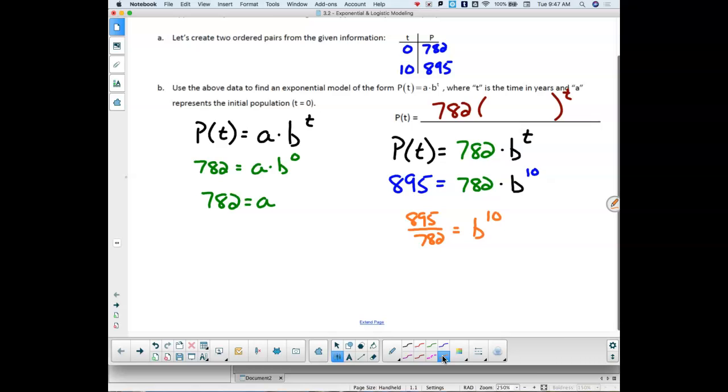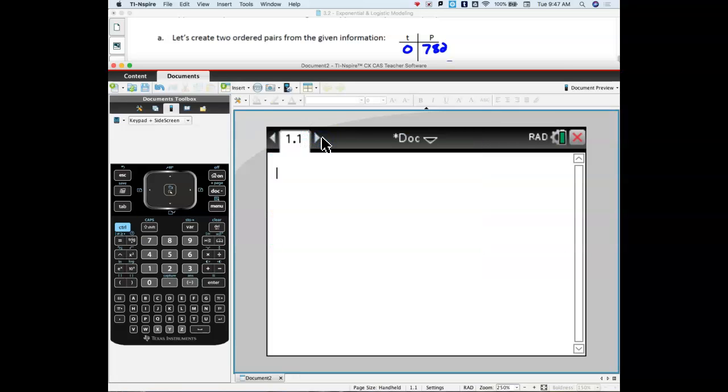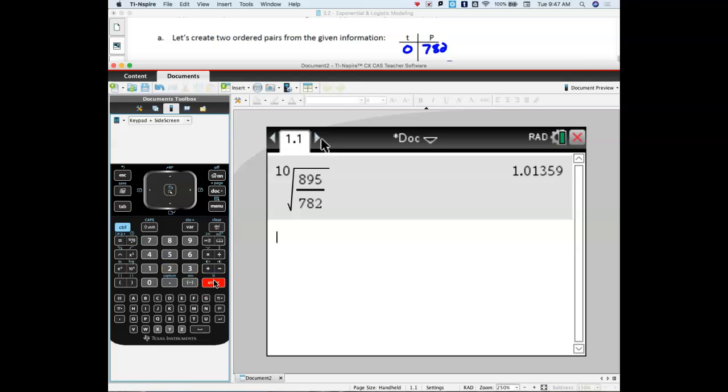Take the 10th root of both sides. When I take the 10th root of 895 divided by 782, I get 1.01359.